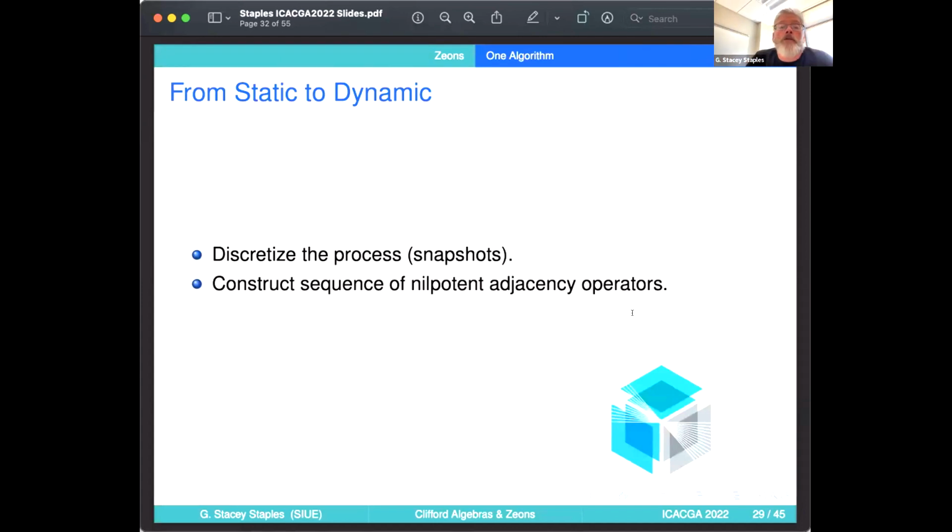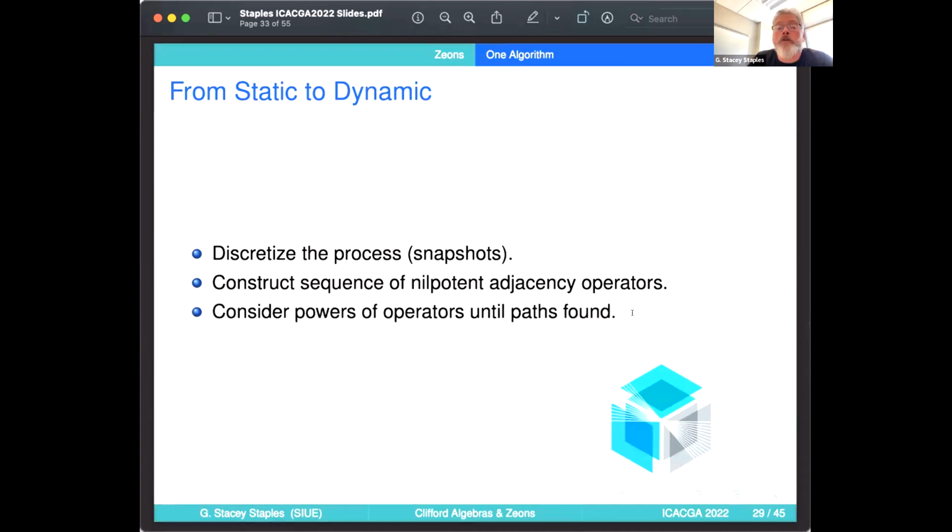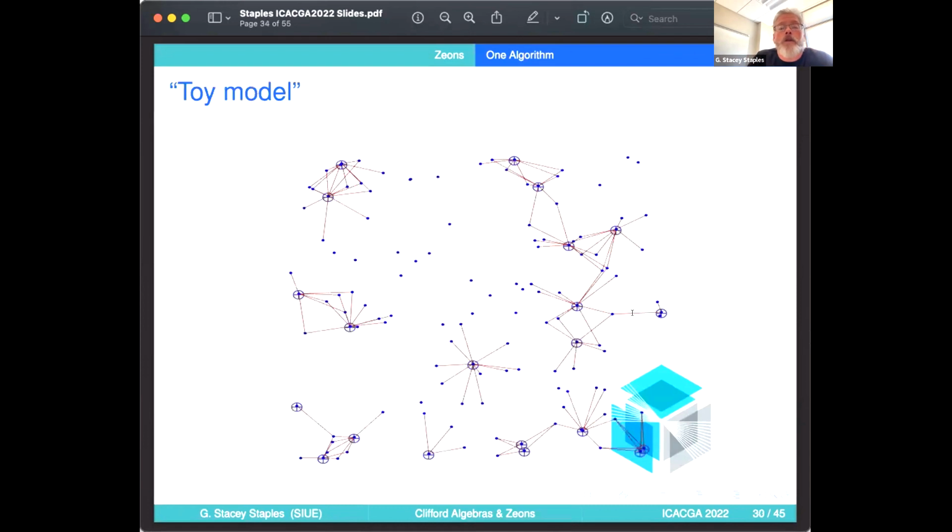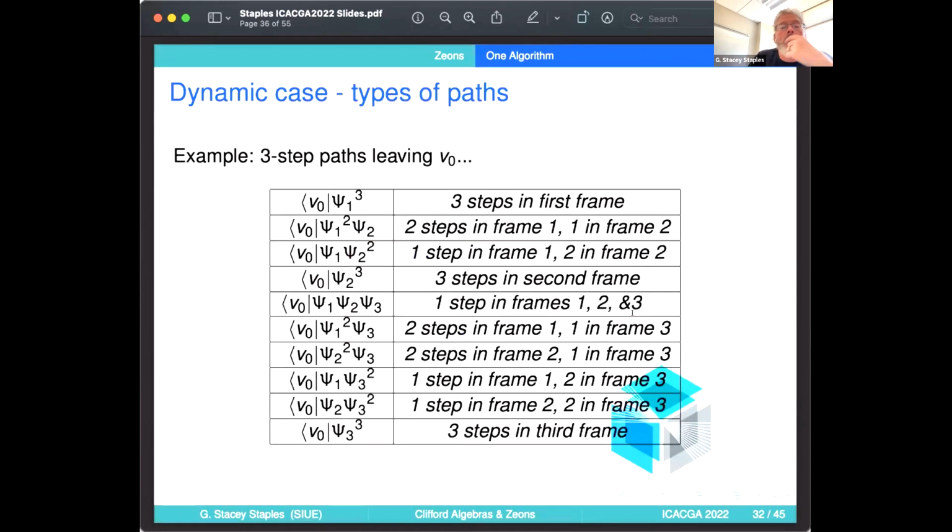What I can do is just discretize the process. I can figure out when the topology of the graph changes and take a snapshot, and then I have a sequence of graphs, maybe not finite, and I can construct a sequence of associated adjacency operators to go with those. And then I just consider powers of those until I find the paths that I want.